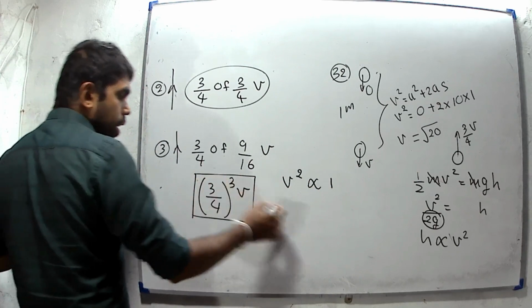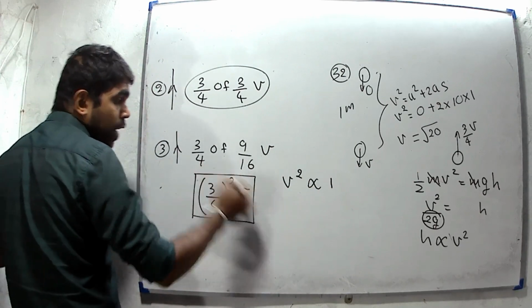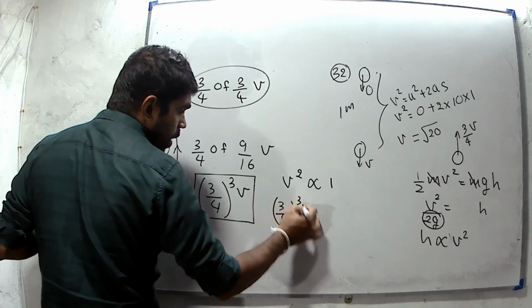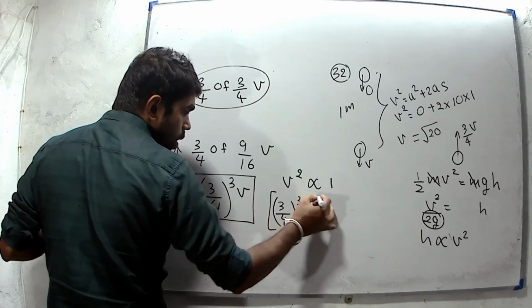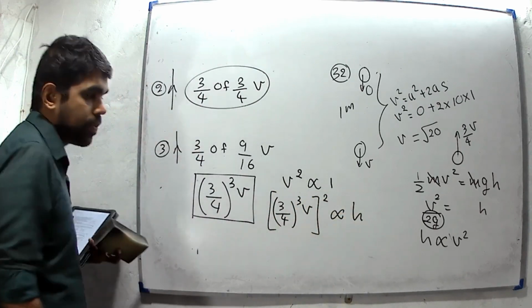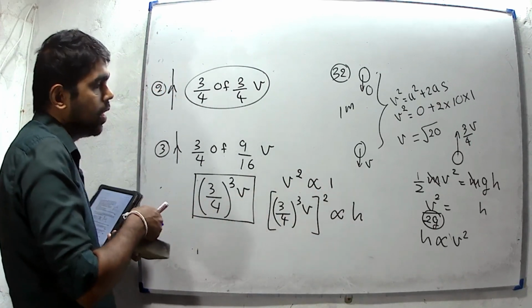And if it is rebounding with this velocity, 3 over 4 cubed v, we can consider the rebound height to be h.